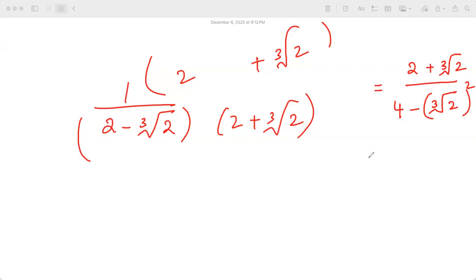But that's not rationalized, right? Can you simplify the cube root of 2 to the power of 2 to cube root of 4? Can you make the square root and the square cancel out, so then it'd be 2 to the power of 3?